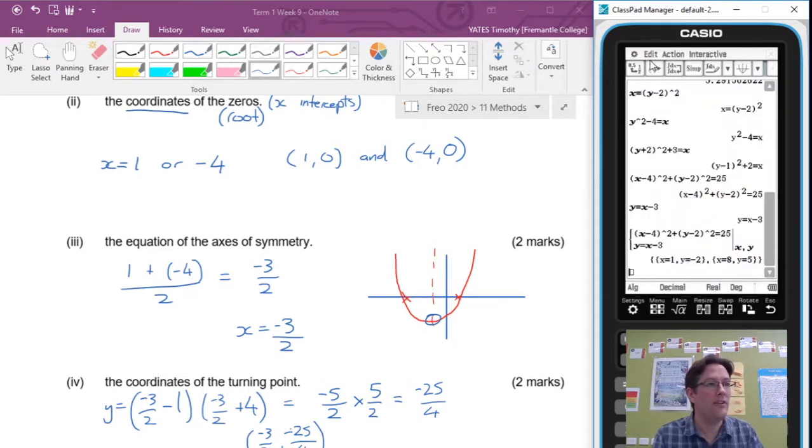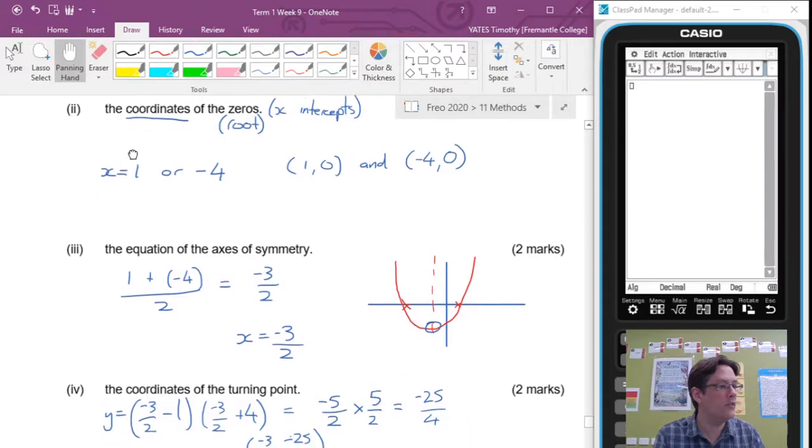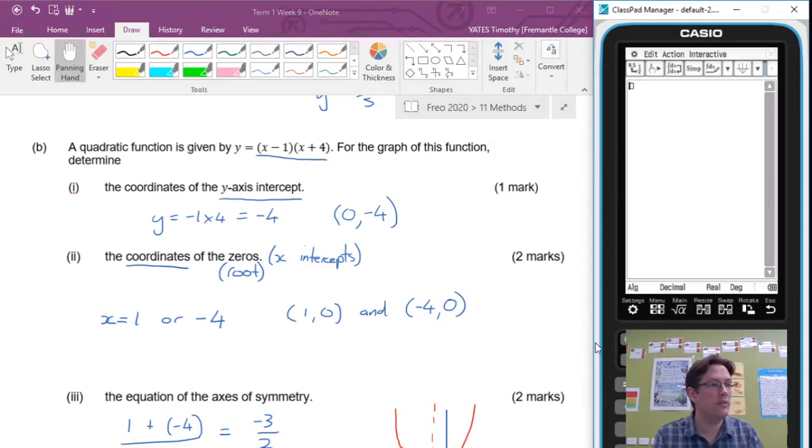Now I can test this. This is a calculator-free section, but I can still have a look and just make sure that I've got the coordinates of the turning point right. So we've got x minus 1, x plus 4. Let's graph that.